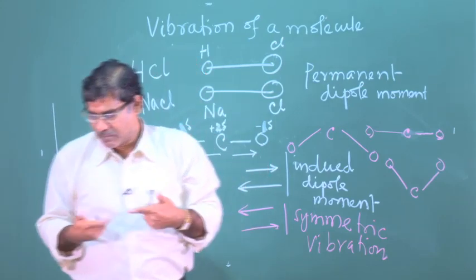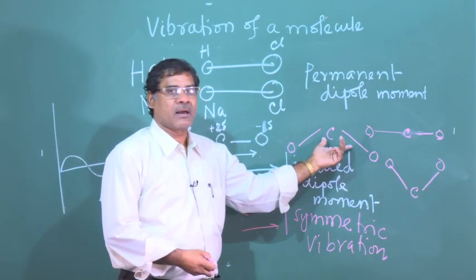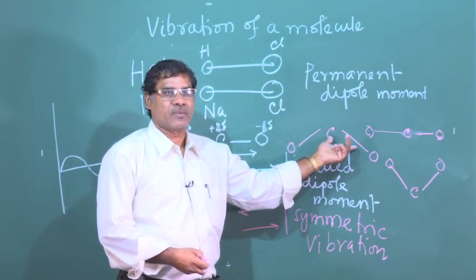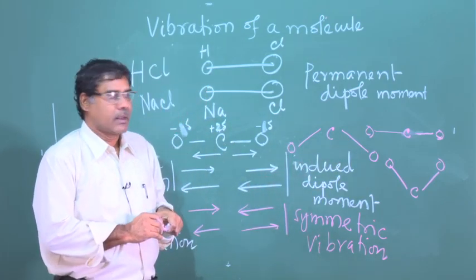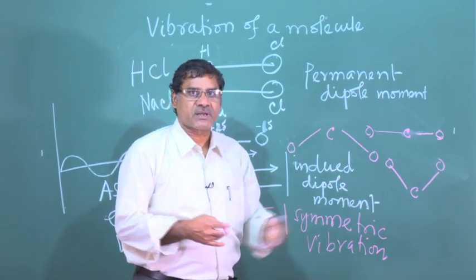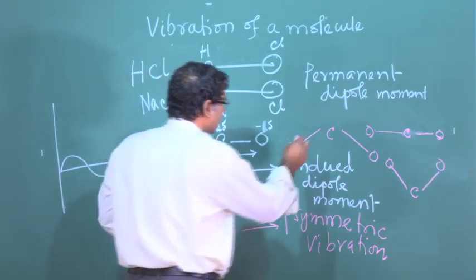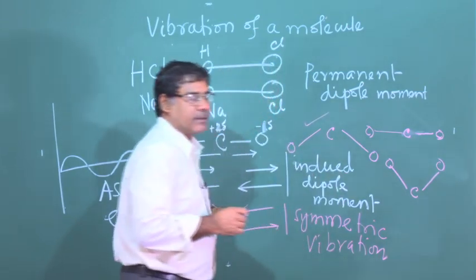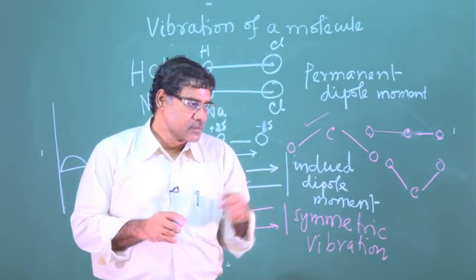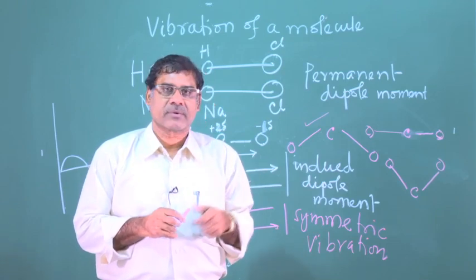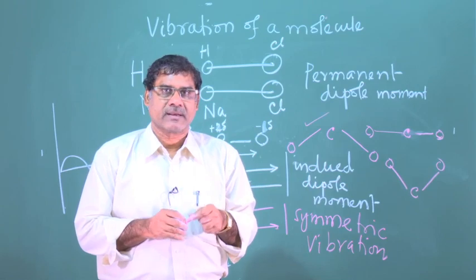Due to the bending of the molecule with time, this also will give the induced dipole moment, and there will be fluctuation of dipole moment with time. Then also, in case of vibration, it is an infrared active molecule.